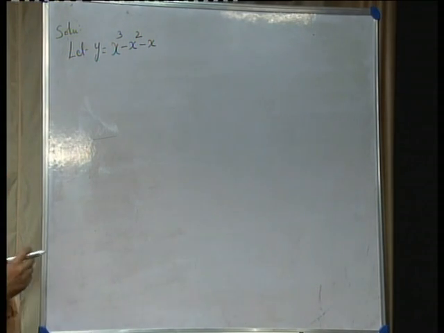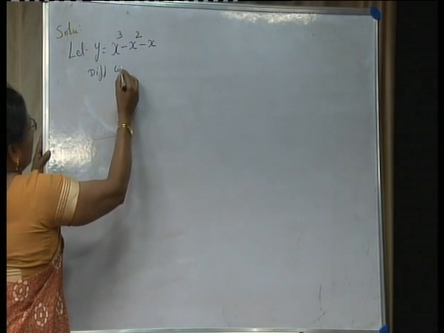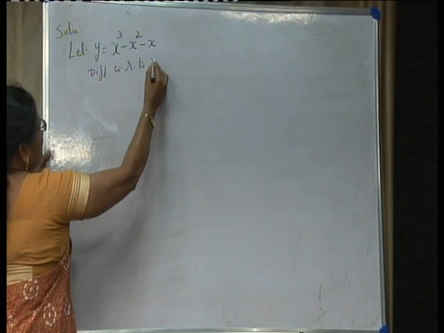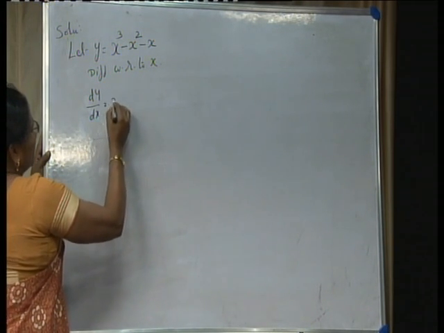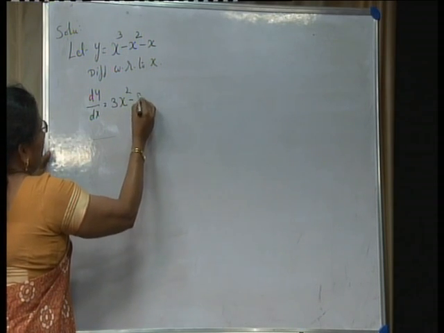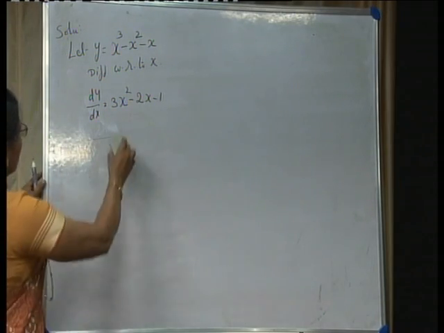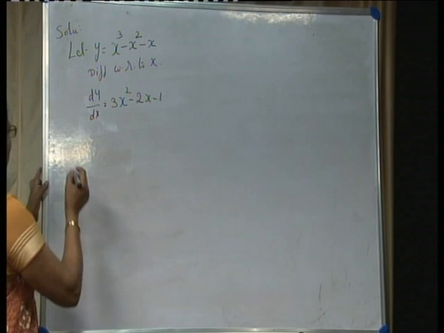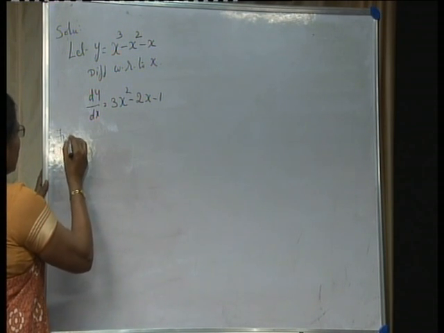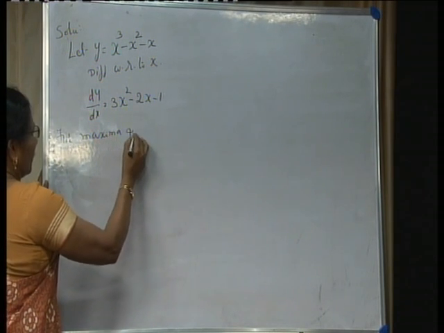So, in the first step we have to find dy by dx, differentiate with respect to x. dy by dx is 3x squared minus 2x minus 1. In the first step itself, find dy by dx for the condition for maxima and minima.